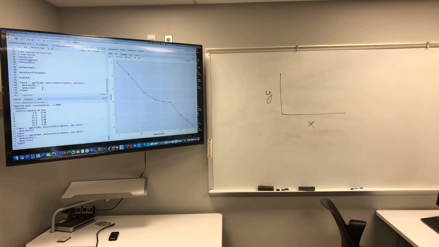Not a QQ line, because that's something that we use for theoretical quantiles in a residual plot. We're actually asking it for the fitted line, the best fit line. And so how might we do that? No error bars here.